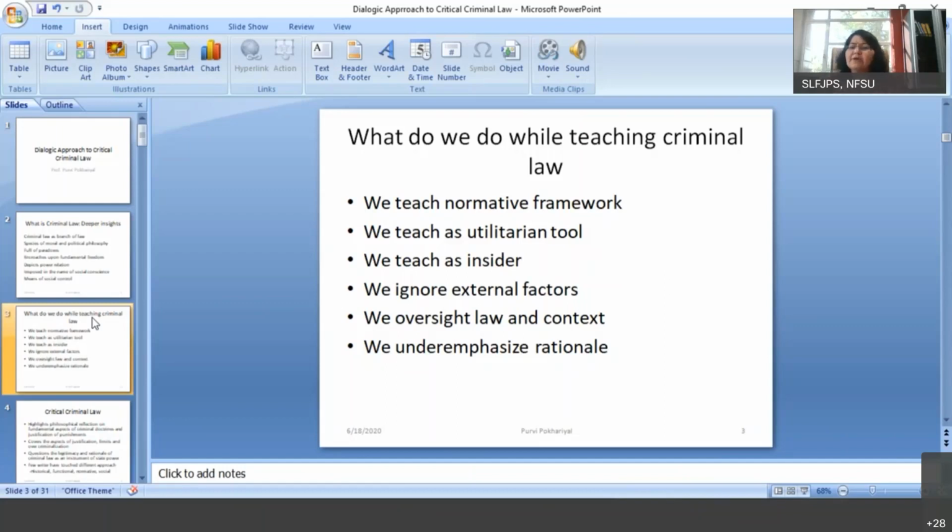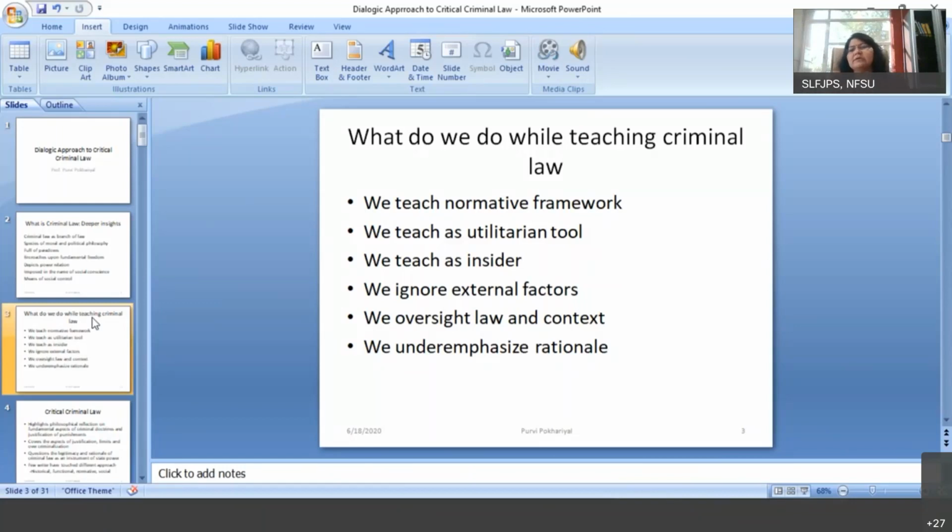So we always try to look at criminal law as a utilitarian tool, and mostly we teach criminal law as an insider who is a part of the criminal justice delivery system, who is a part of this domain. We never try to step aside, outside the circle, and look at the criminal law as a third party.